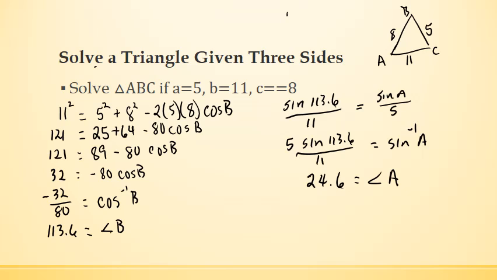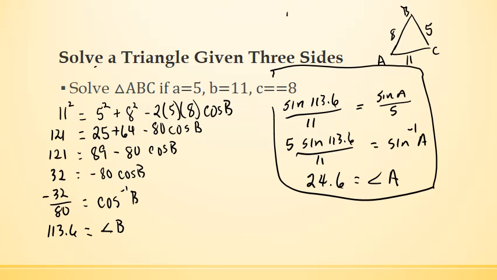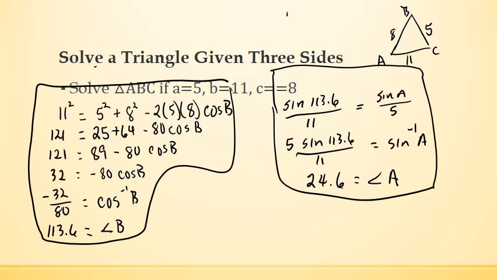Now we're going to take the sine of angle B and side B and use it again to find angle C. So I've got the sine of angle B, which is 113.6 we discovered, over 11, equals the sine of C over side C, which is 8.